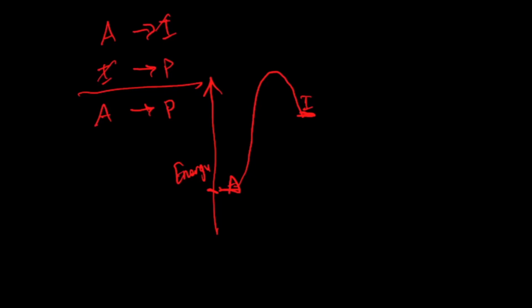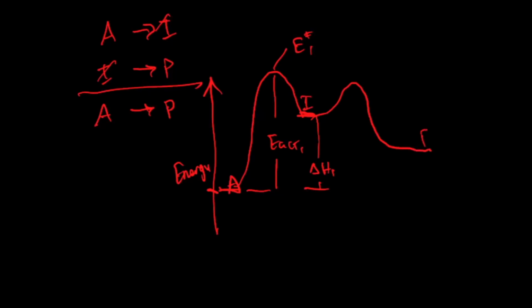So this would be the transition state, E transition state 1. This would be the activation energy 1, because that's the first step. And this would be delta H1, because that's the first step. Now, because this is a two-step reaction, you also have a second activation energy, and now this is your product.